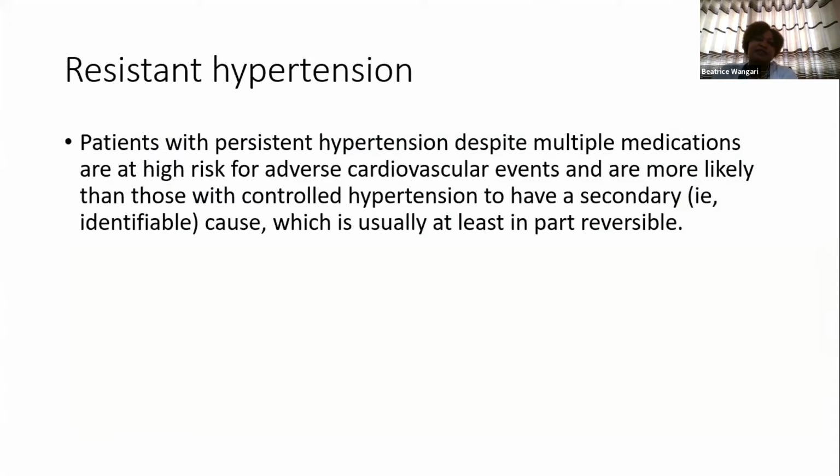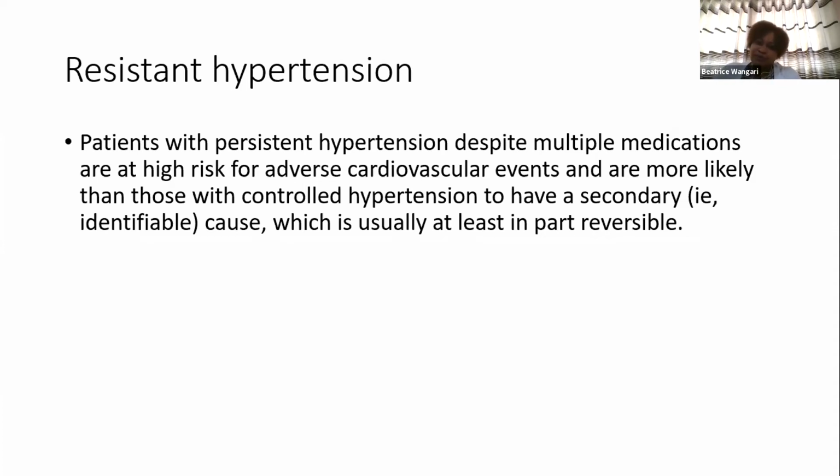Now, the other thing is that patients who have resistant hypertension are actually at a higher risk of vascular events than those who have a controlled hypertension. They also tend to have a higher probability of having a secondary cause of hypertension. So we need to sort that out.